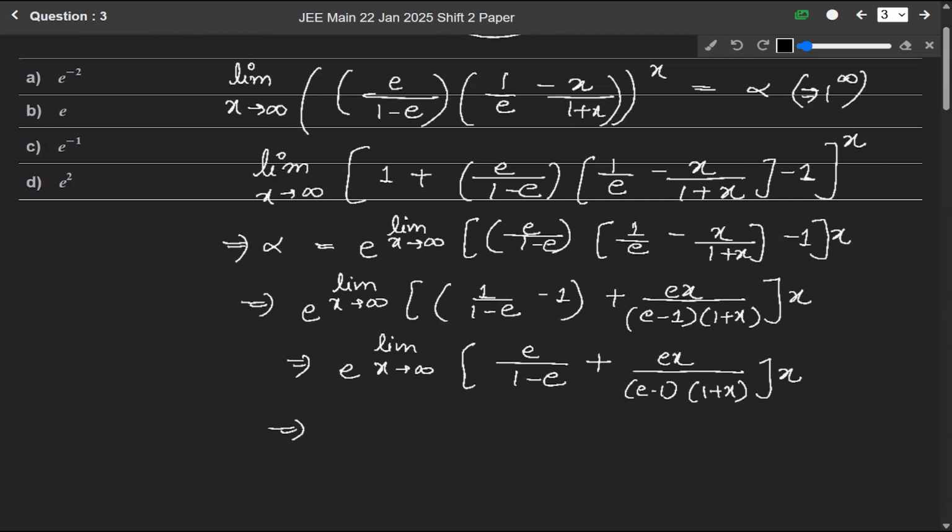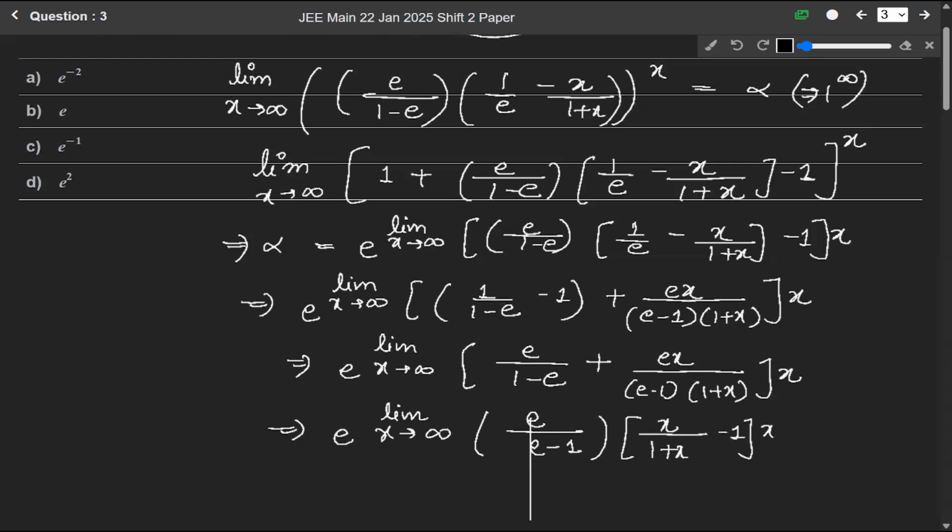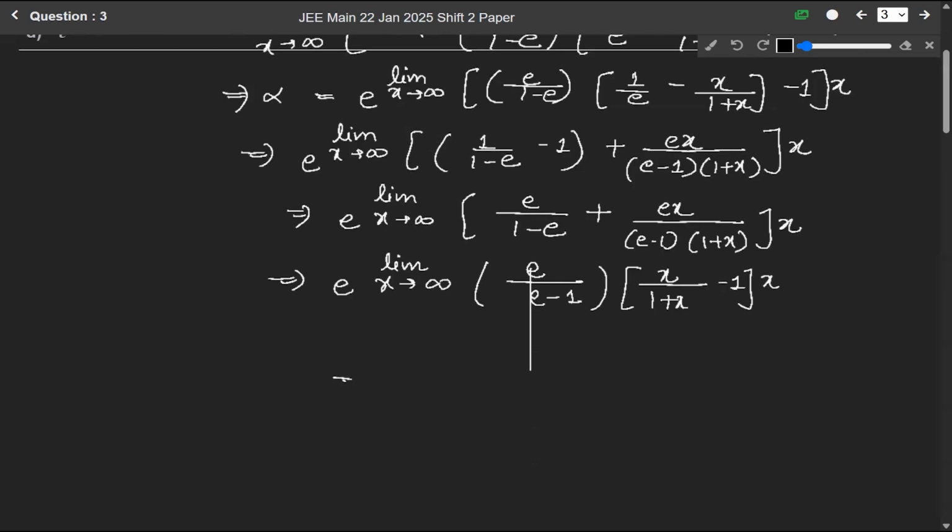So it will be equal to e to the power limit x tends to infinity of e/(e − 1) into [x/(1 + x) − 1] into x. So this will finally be equal to e to the power limit x tends to infinity of −ex/((e − 1)(1 + x)).